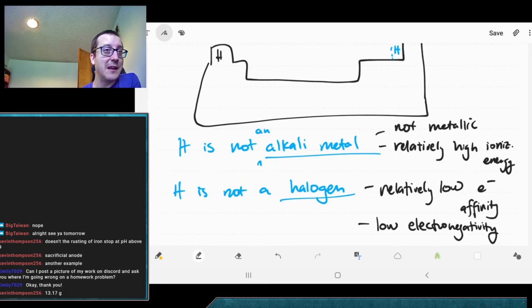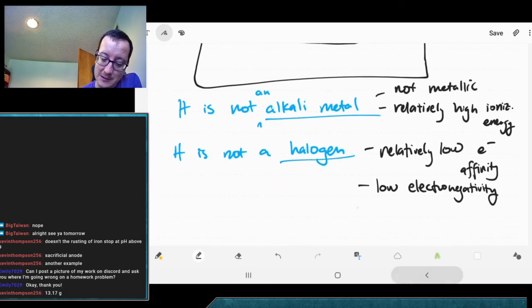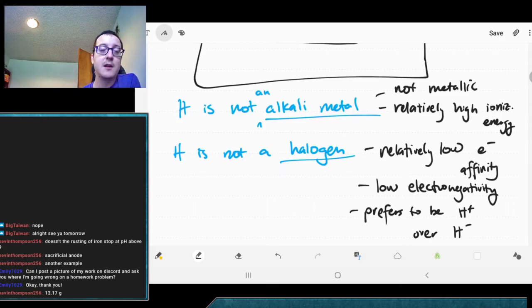So it's not really a halogen either. Plus, it prefers to be H plus over H minus. It can form H minus, but very often it's H plus that it tends to form. So unlike the halogens. So it doesn't really have characteristics for either one. It's not really an alkaline metal, it's not a halogen, it's kind of its own group.